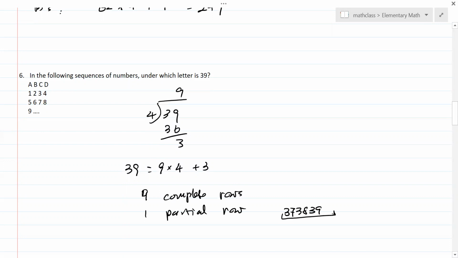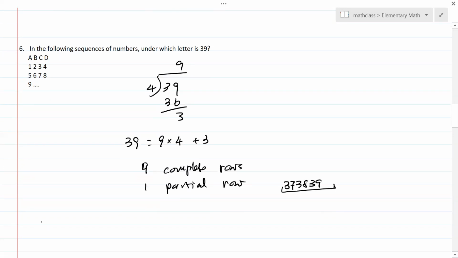Above 39 is C, so the answer is C. Just keep it going: eventually you get 37, 38, 39, and 40. Above 39 is C, above 40 is D. All right, good job.